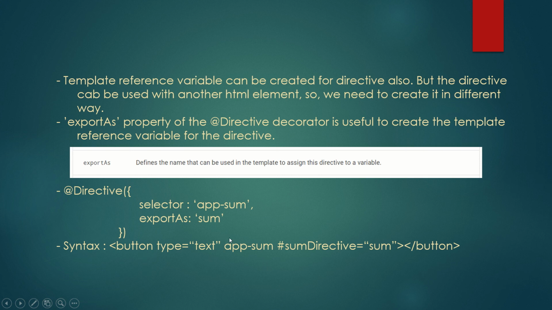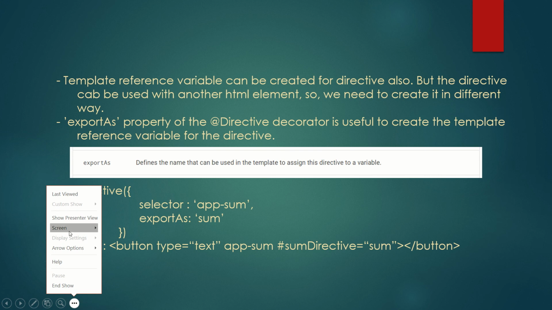If you want to create a template reference variable here, then #sumDirective is the template reference variable, equal to, within double quotes, we need to specify the name that is defined in exportAs. Let us try to understand all these things with a simple example program.